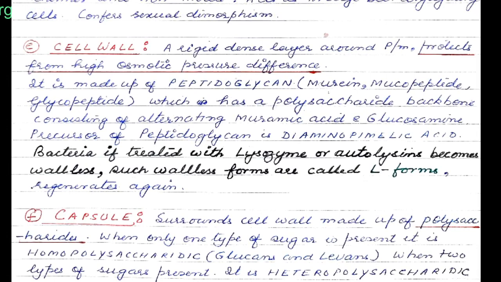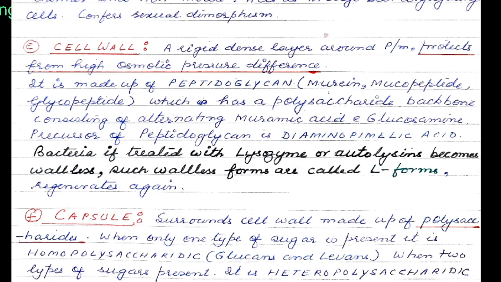It is made up of peptidoglycan, which is murein, mucopeptide, and glycopeptide, has a polysaccharidic backbone and consists of alternating muramic acid and glucosamine. Precursor of peptidoglycan is diaminopimelic acid.